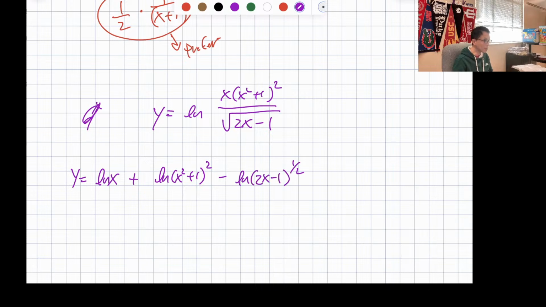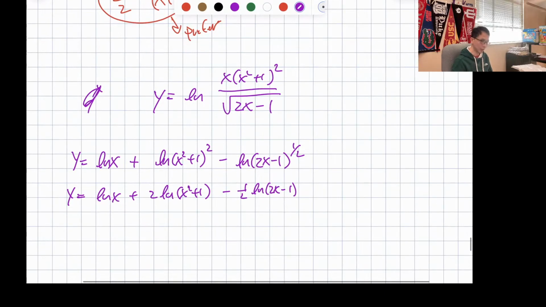Do you guys do this? And then can I expand more? Yes. And that's why we go through the homework yesterday, because you need to be able to expand like this. Is that okay? Now I can take a derivative.